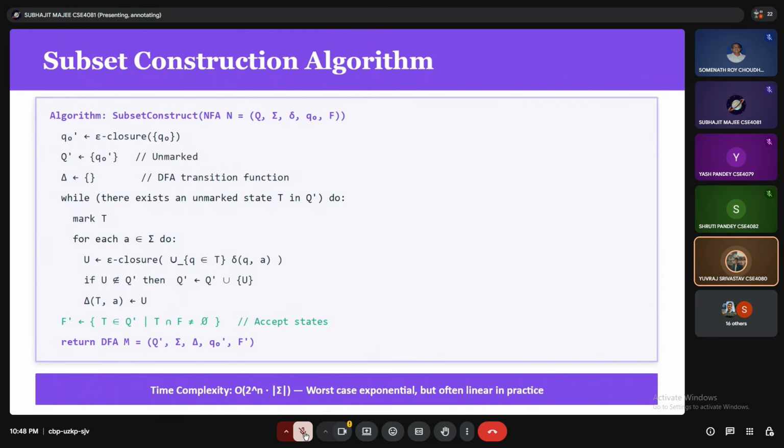Then we use a loop to process each state, and for every possible input, we find all reachable NFA states and calculate their epsilon closure to form the next DFA state. If this newly formed state hasn't been seen before, we add it to our list of states to process, and in this way the algorithm translates any NFA to a DFA.